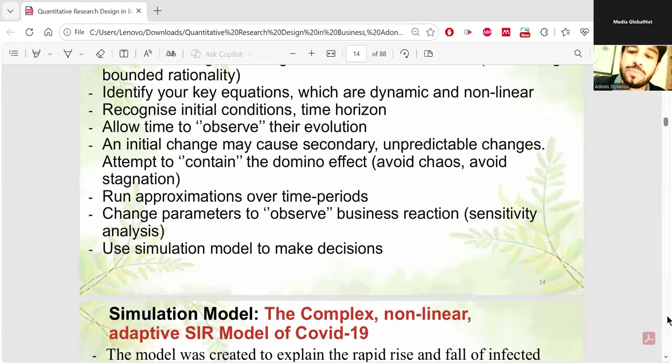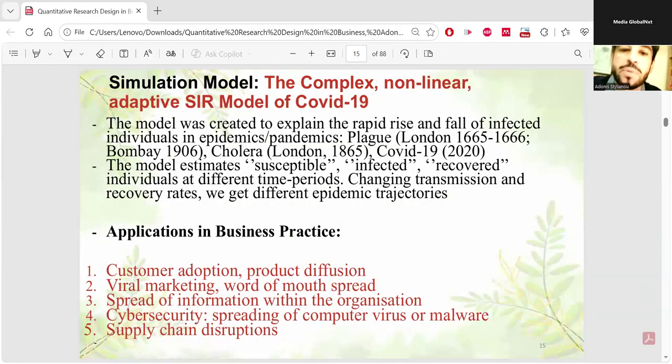Interestingly, this model was borrowed from the pandemic. During the COVID-19 pandemic, people used the SIR model, as we call it, in order to actually monitor the cases of COVID-19 based on the transmission rate of the illness.